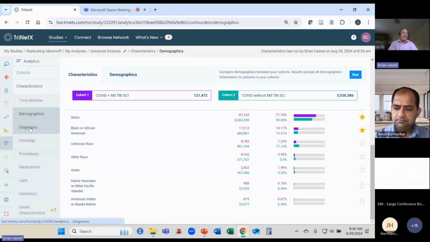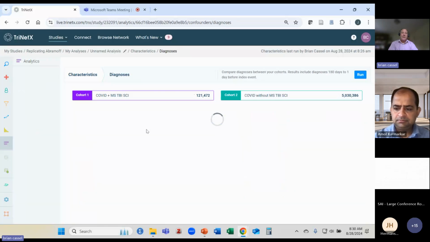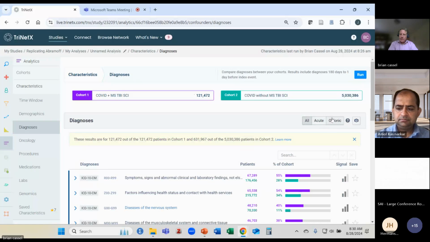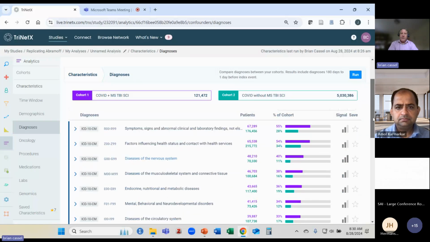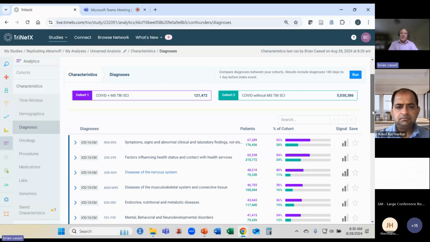So in addition to the demographics, I could go into diagnoses here and I can search, specifying, well, if this is the easiest way to do this.